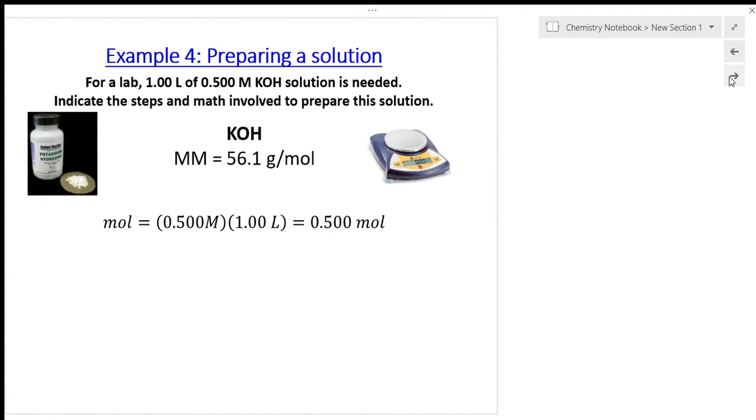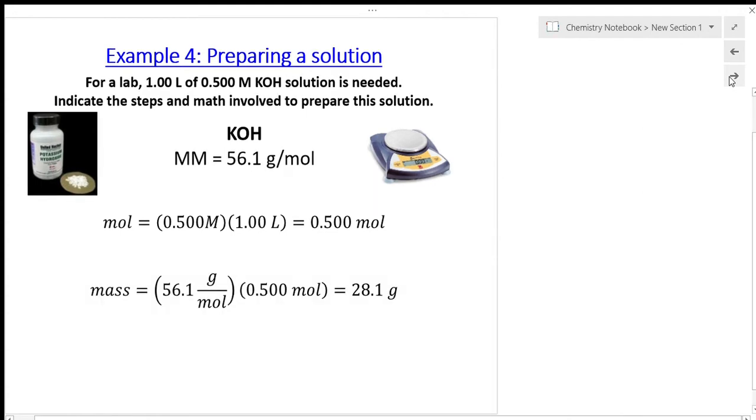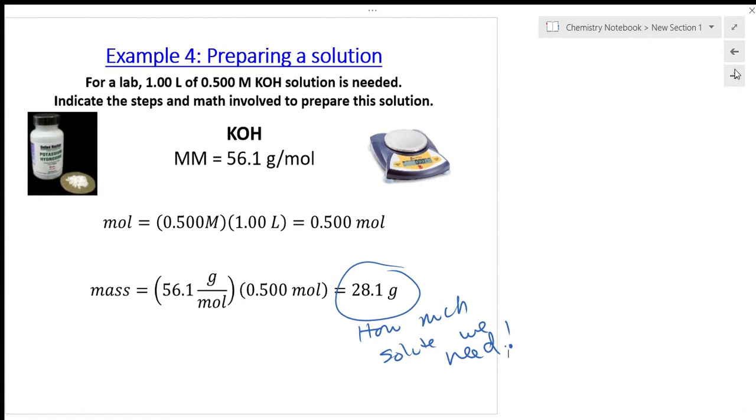That's how many moles we're looking at. The next thing we do is take the molar mass and multiply it by moles to get how much of the solute we need to dissolve. This number right here is how much solute we need. Okay, so let's take a look at the steps now for what we would actually do.